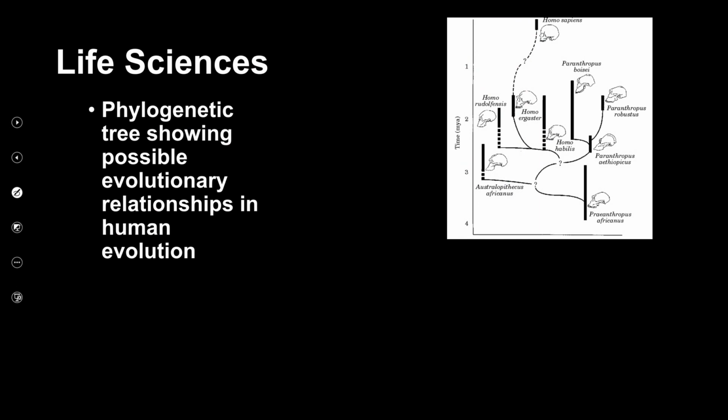All right, and then we've got here a phylogenetic tree showing the possible evolutionary relationship, and here we can see Paranthropus africanus gives rise to Australopithecus, and so we have the Homo groups that emerge, and so we end up here at the top with Homo sapiens.